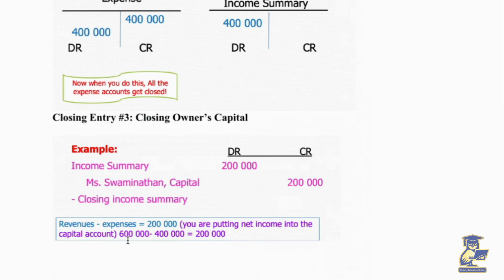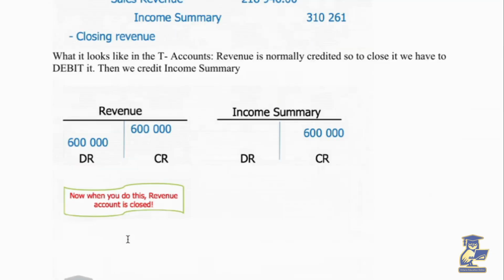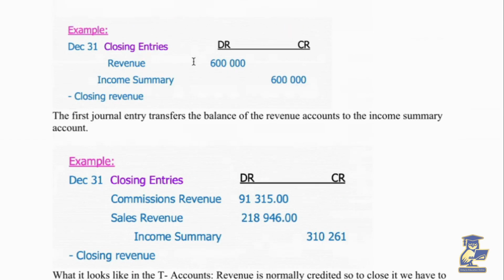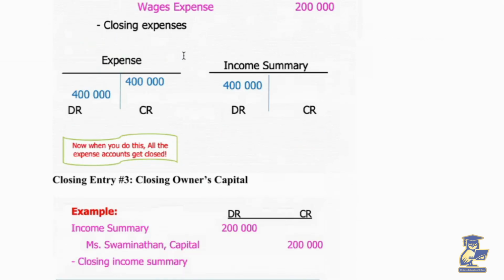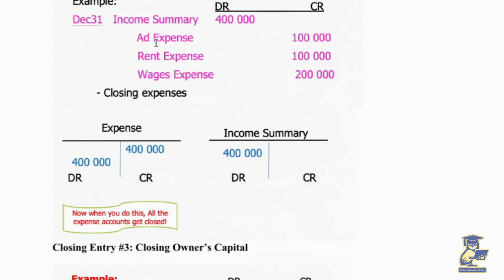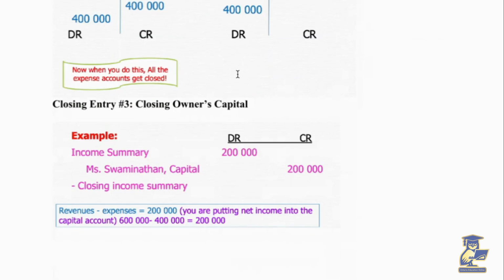So if we, for example, had revenue of 600,000, which we did up here in this first example, okay, 600,000, and we subtract our 400,000, which came from this example right here, okay, these are together, then you are putting 200,000 into your capital.